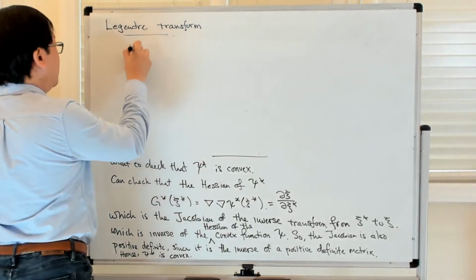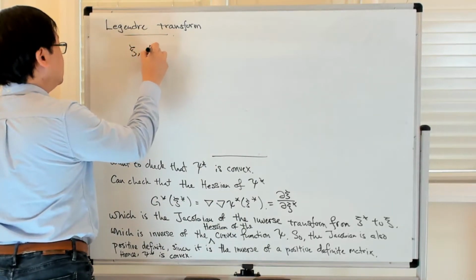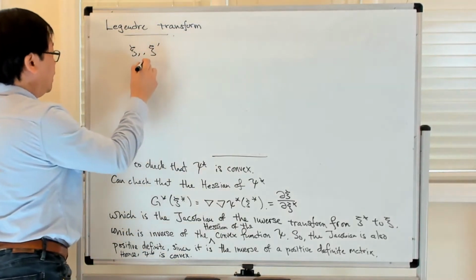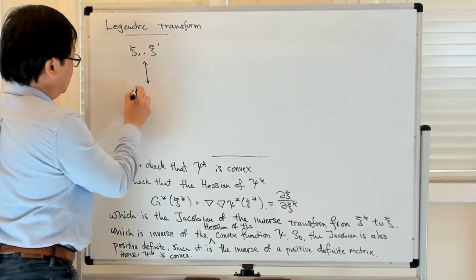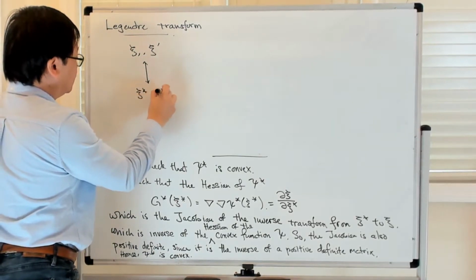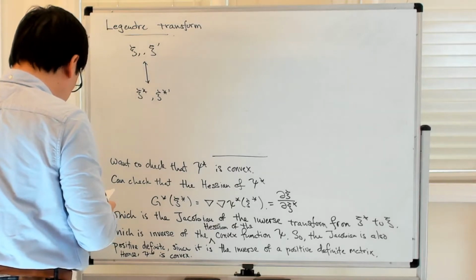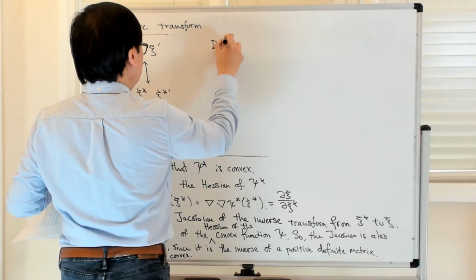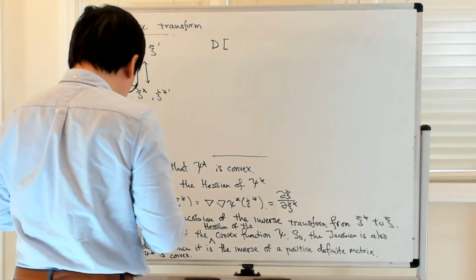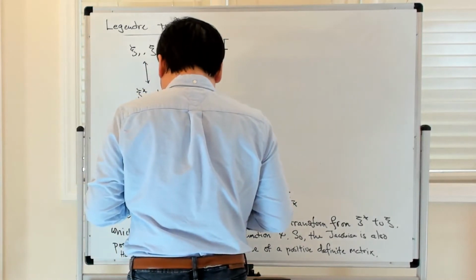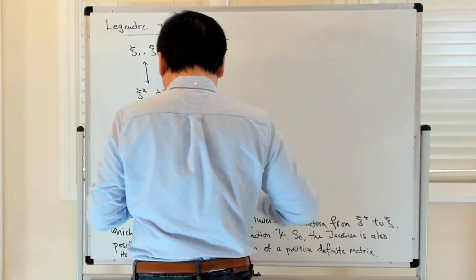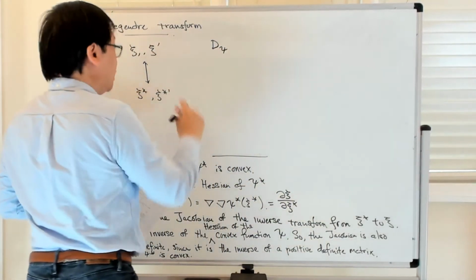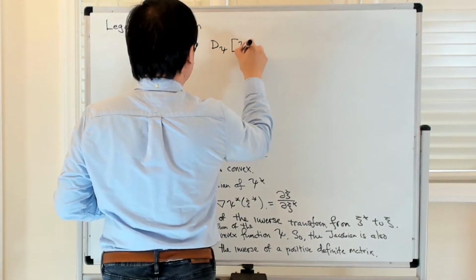All right, so imagine you have 2 points, cos C and cos C prime. Then with this Legendre transform, we can look at cos C star and cos C star prime. Okay, and then we have this notion of a Bregman divergence between these 2 points, with respect to a convex function.